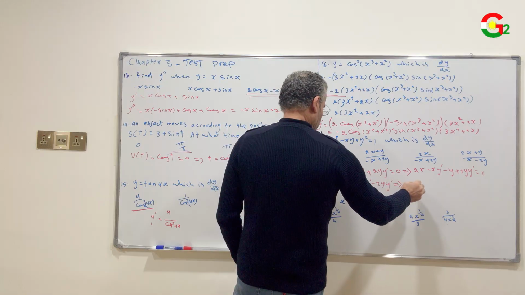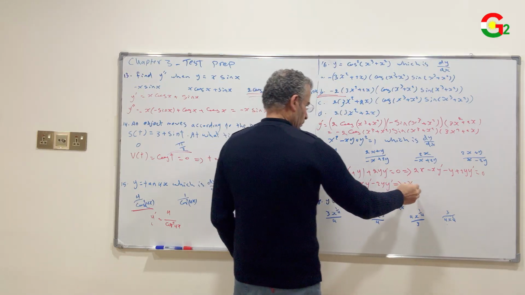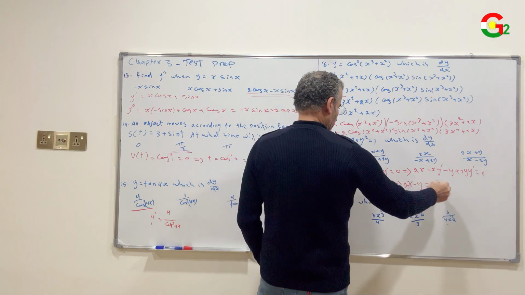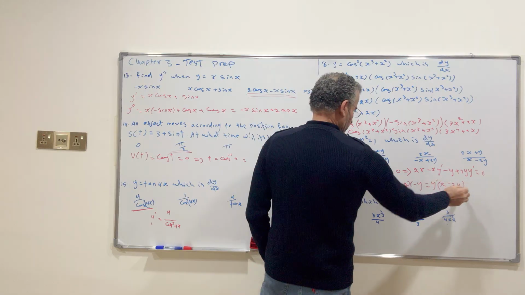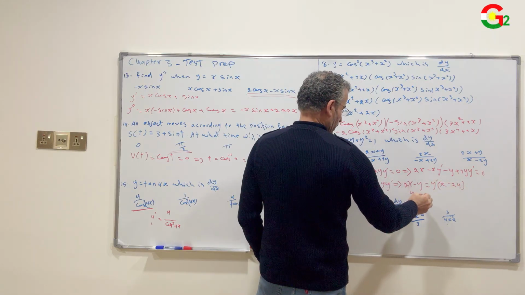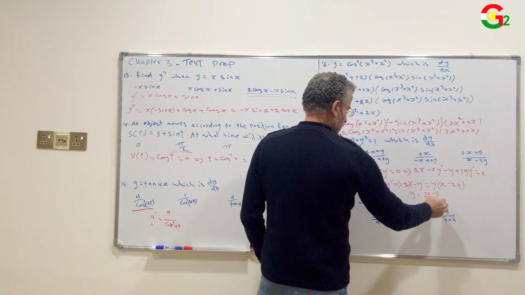Then 2x minus y equals, factorizing by y prime, (x minus 2y) y prime. Then y prime equals (2x minus y) over (x minus 2y).